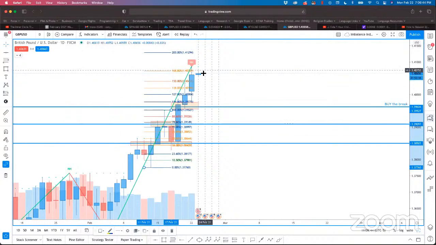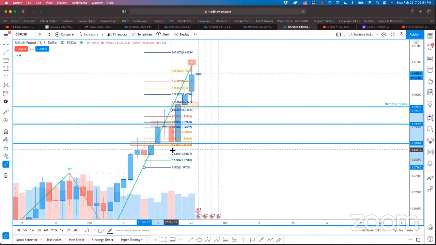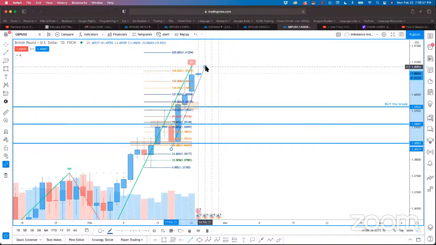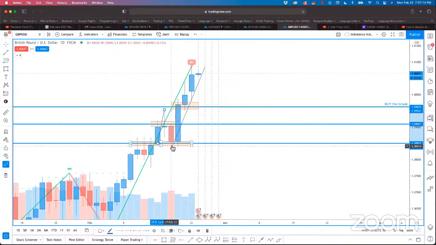And you're in the same trade right here. You would have got an even better entry and you would have got more pips. You could have still been in this trade. If I take the breakout right here, I would have only gotten this amount of pips before it came back down to retest.